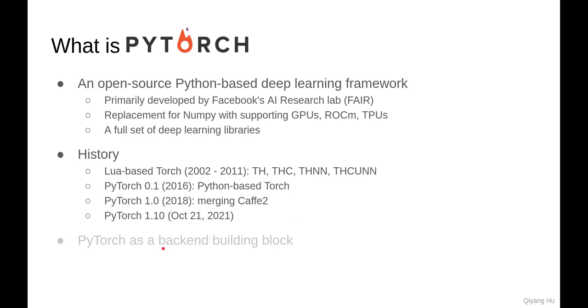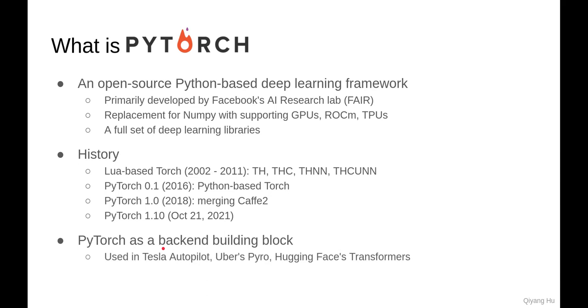In most cases, PyTorch serves as a backend building block in deep learning software or applications. For example, if we open the Wikipedia page for PyTorch, it says there are a lot of bigger systems like Tesla Autopilot, Uber's Pyro, and Hugging Face Transformers using PyTorch as their building blocks.